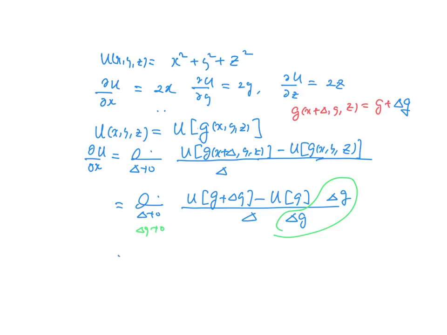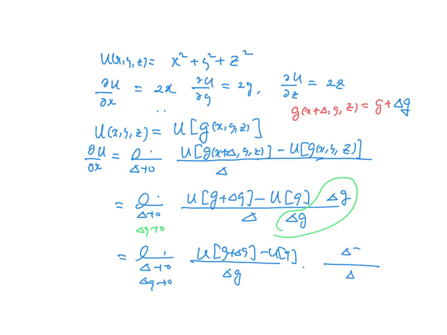So it becomes, as delta goes to 0, delta g goes to 0, the limit of u(g plus delta g) minus u(g), over delta g, times g(x plus delta, y, z) minus g(x, y, z) over delta.